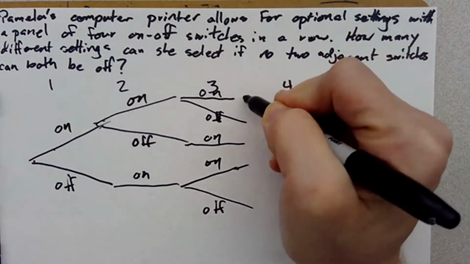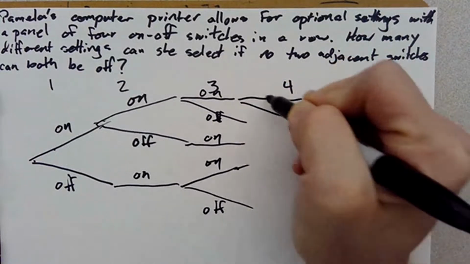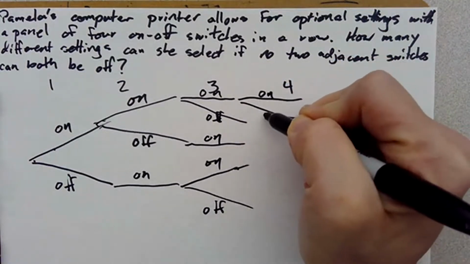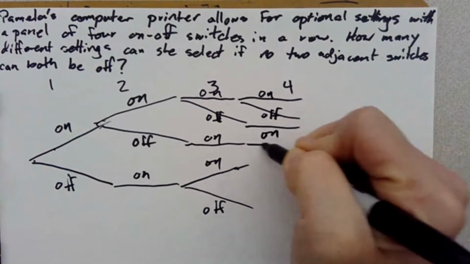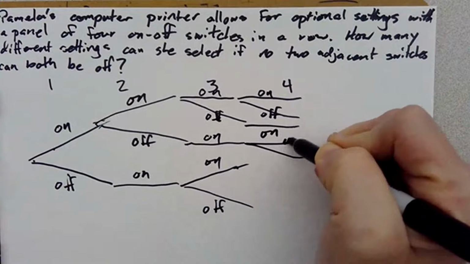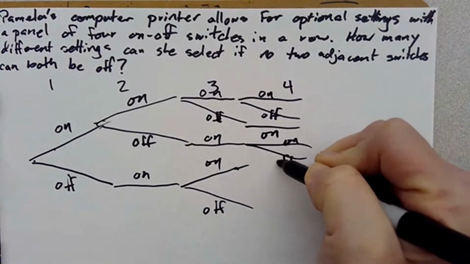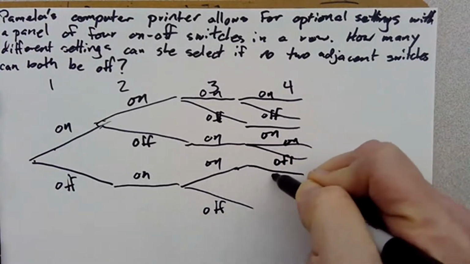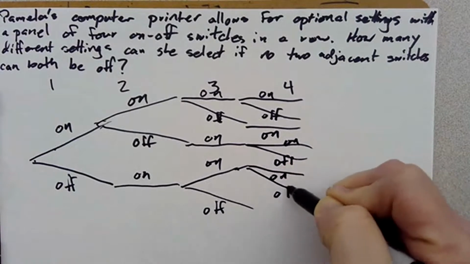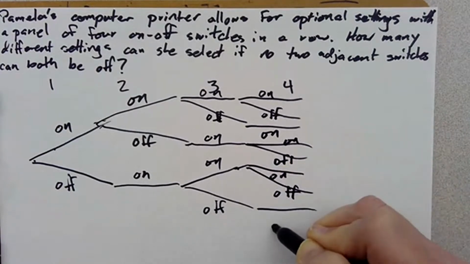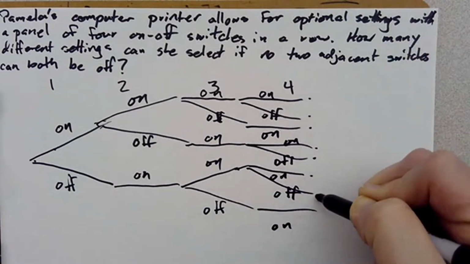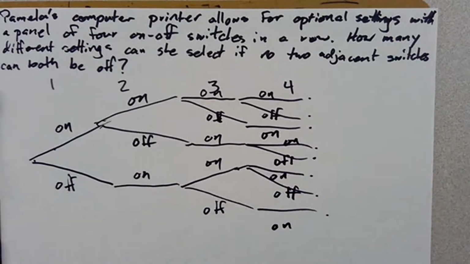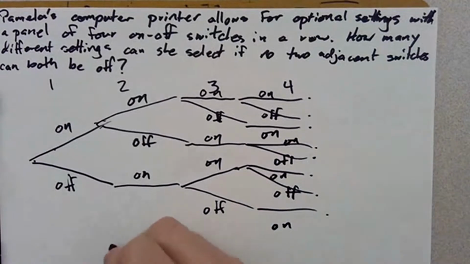Okay, it's on, again, on or off. Off means it has to be on. On can be on or off. On can be on or off, but off means it has to be on. 1, 2, 3, 4, 5, 6, 7, 8 possible ways to do this.